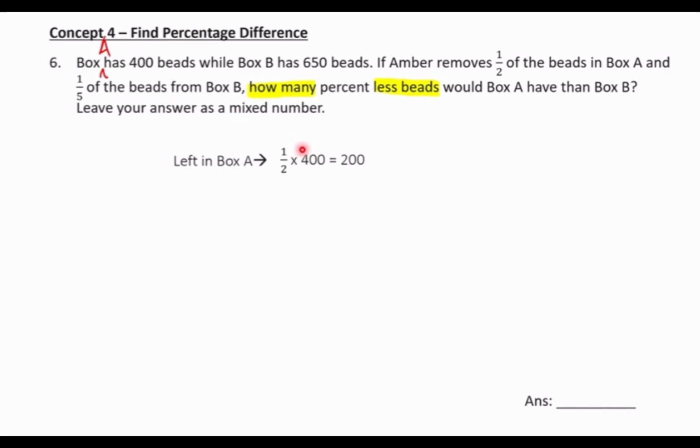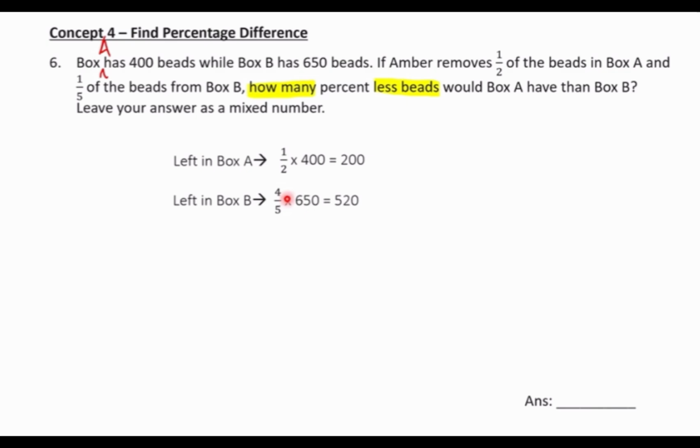Then how about B? We're removing 1/5 from B, right? So the amount left is 4/5. You want to find 4/5 of 650, so we take 4/5 times 650. Take note, if you want to find the amount left straight away, you just take times 4/5, not 1/5.